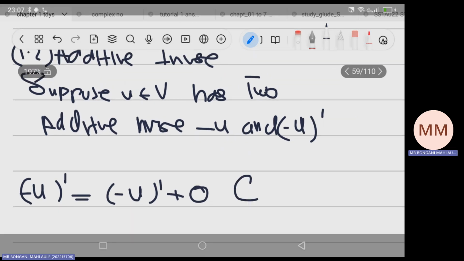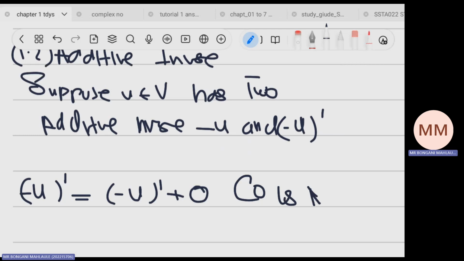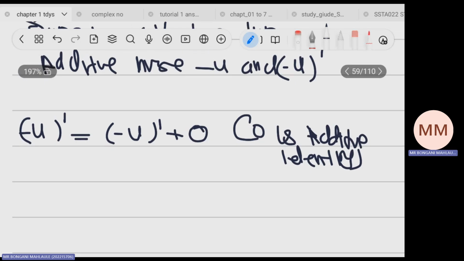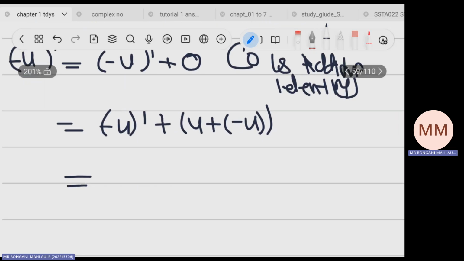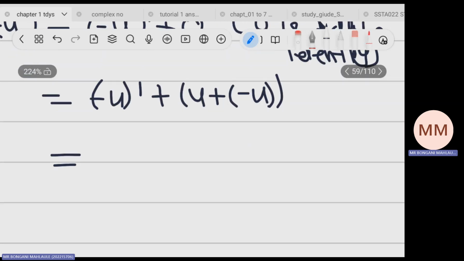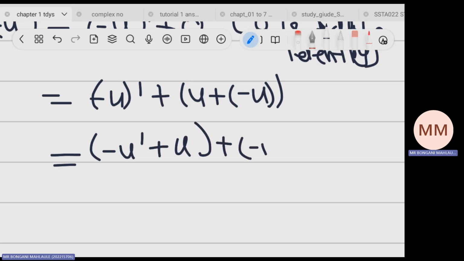We know that 0 is an additive identity. You must always try to write results. Then this implies negative U prime plus U plus negative U. This obviously is by what? Law of additive inverse. Then this will now give us negative U prime plus U, by law of associativity, plus negative U.